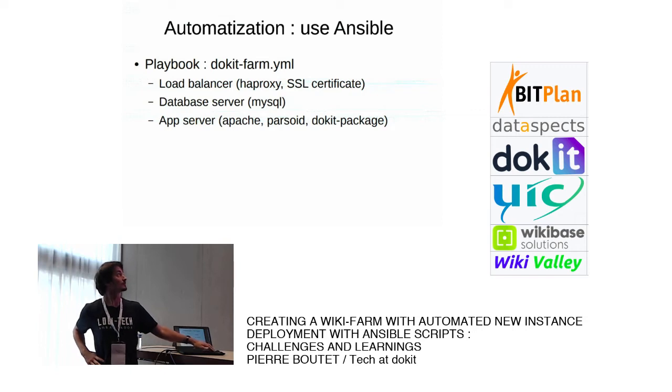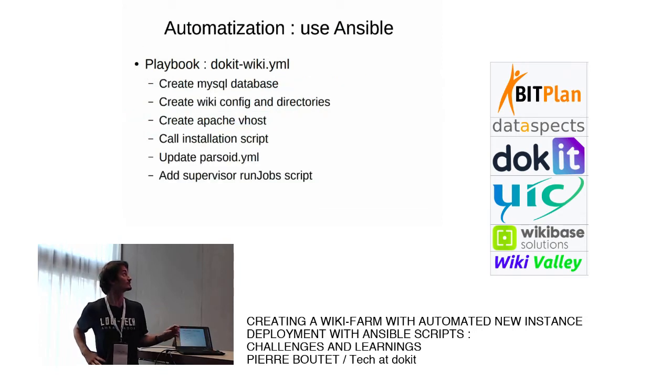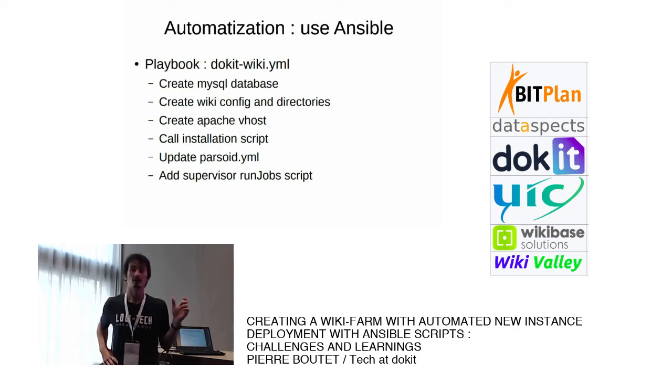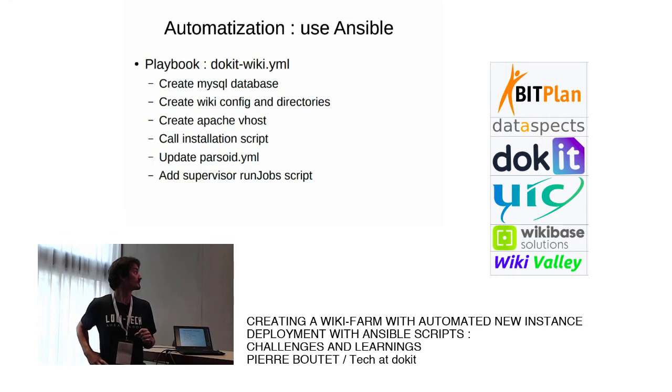And I set up a second playbook. This playbook will be launched every time that I want to build a new wiki. So it will just create the MySQL database for this wiki, create the wiki directory, etc., all that I mentioned before, create the Apache vhost, call the installation script, those I talked about just before, update the Parsoid YML to enable VisualEditor, and add a supervisor task to run the job scripts in the background.